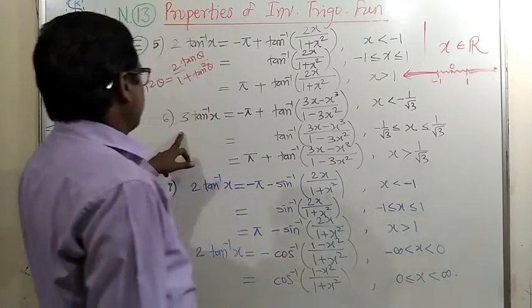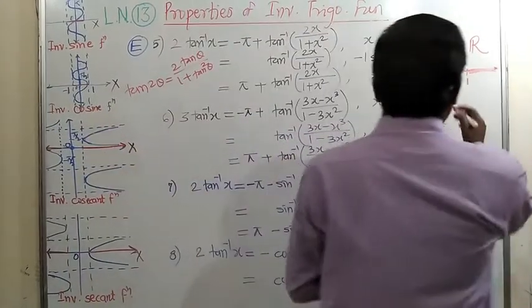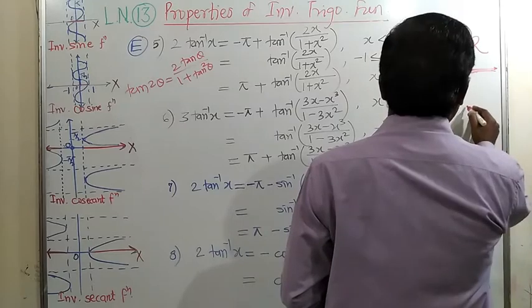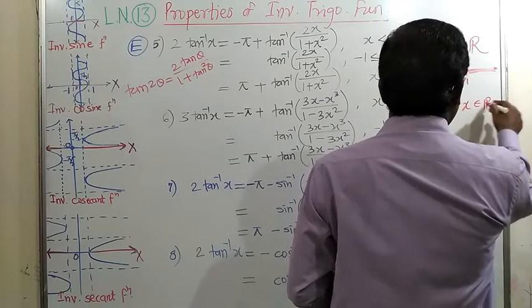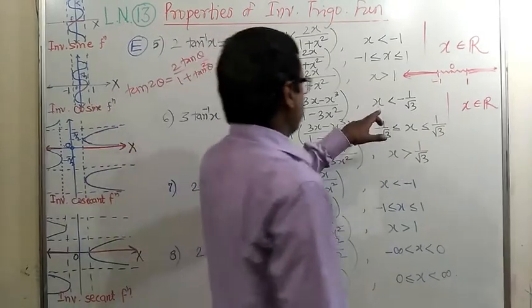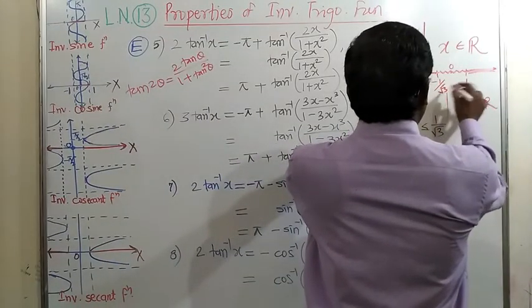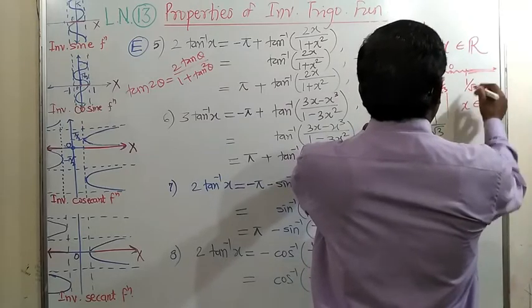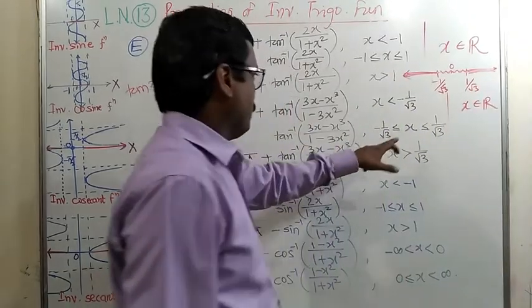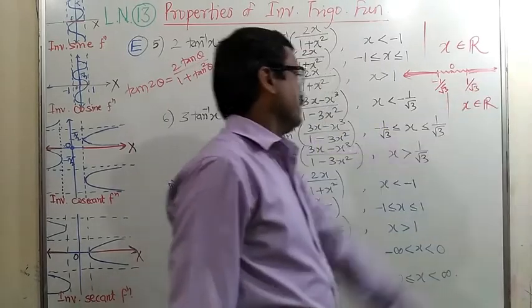Here 3 tan inverse x, the domain for the tangent function is x belongs to R. This domain is divided into 3 parts: x less than minus 1 upon root 3, between minus 1 upon root 3 to plus 1 upon root 3, and greater than plus 1 upon root 3.